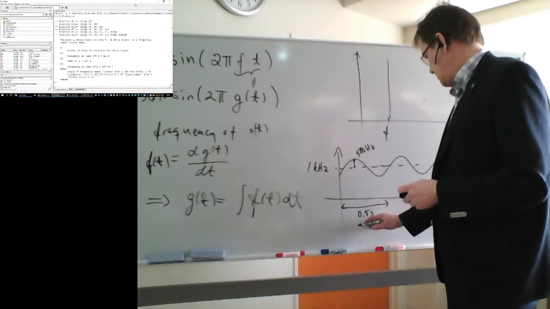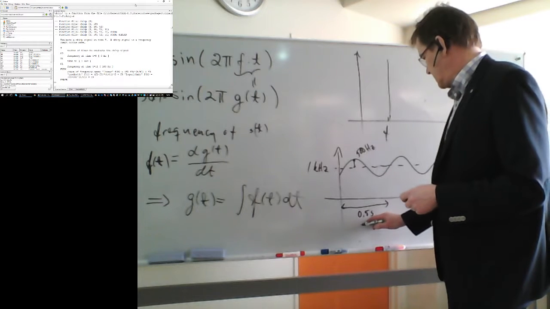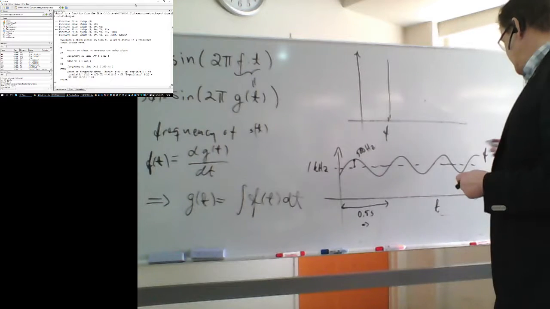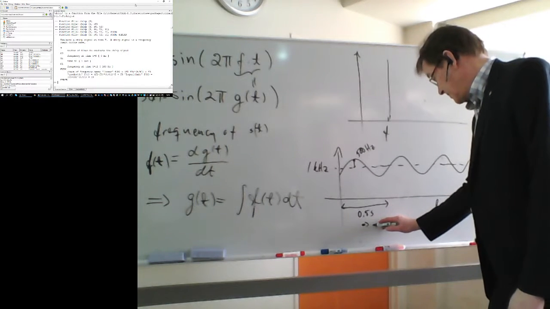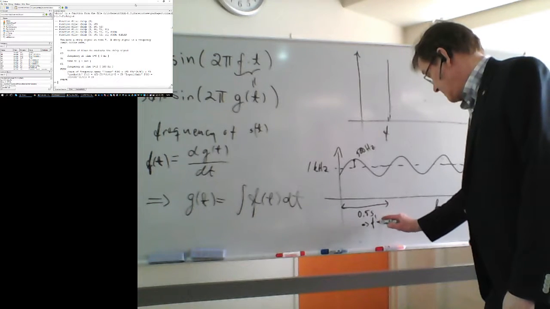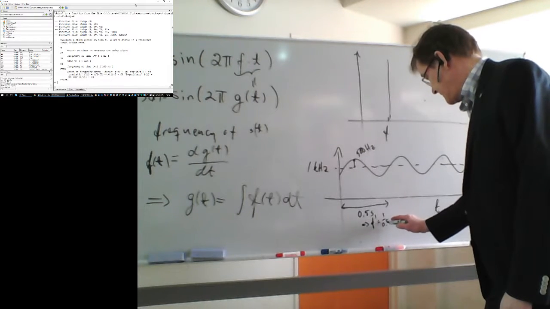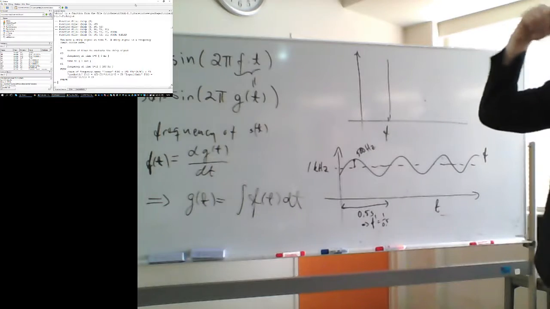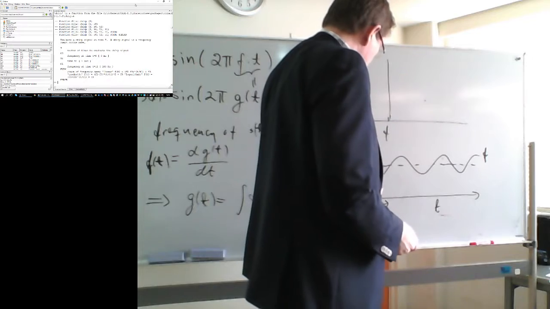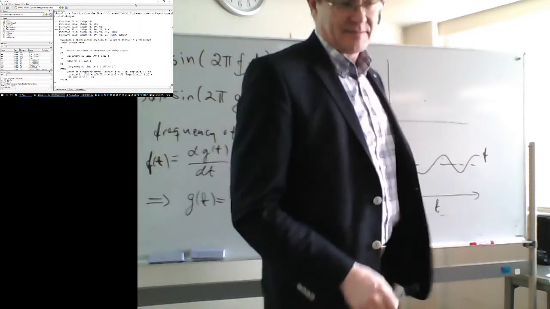Not that frequency, but the other frequency. Let's mark it f prime equals 1 over 0.5. So that would be a really nasty sound. So basically what we will do, it will generate something like that, hopefully.